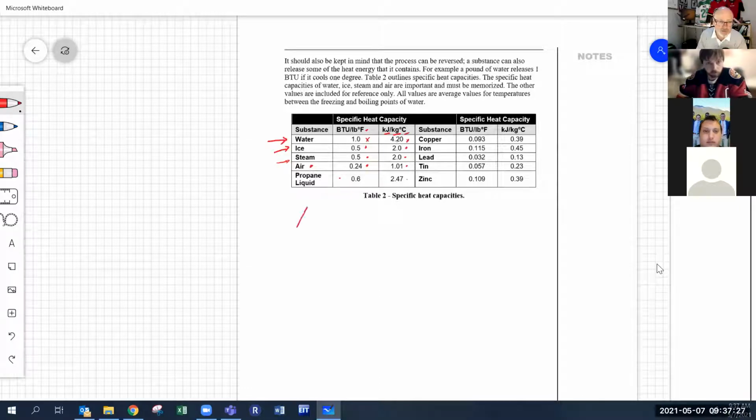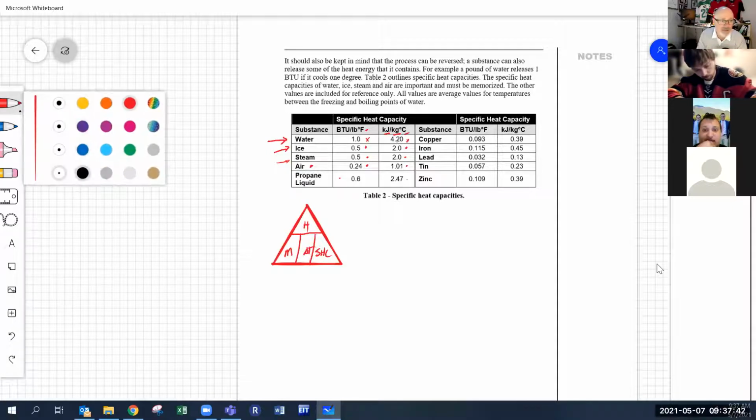So we're going to do some examples here. We need our formula where the heat is equal to the mass times the delta T times the specific heat capacity. I'm going to give you some examples.